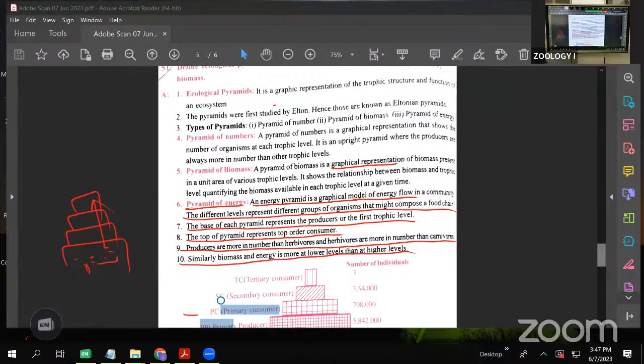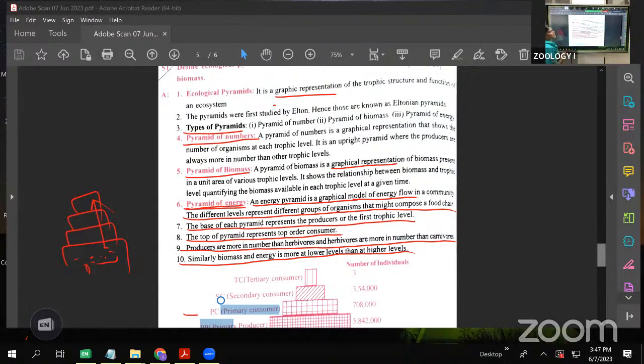There are three types of pyramids. Ecological pyramids are the graphical representation of the trophic structure of the ecosystem. The three types are the pyramid of numbers, the pyramid of biomass, and the pyramid of energy.